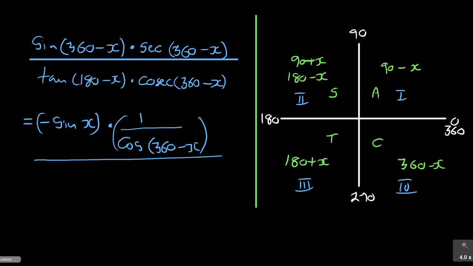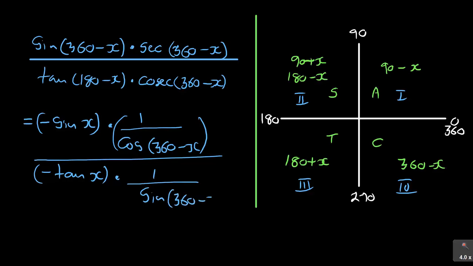I can actually simplify tan(180 minus x). It is in quadrant number 2, and only sine is positive, which means tan is negative. So I will have minus tan x, times cosec(360 minus x), which is 1 over sin(360 minus x).